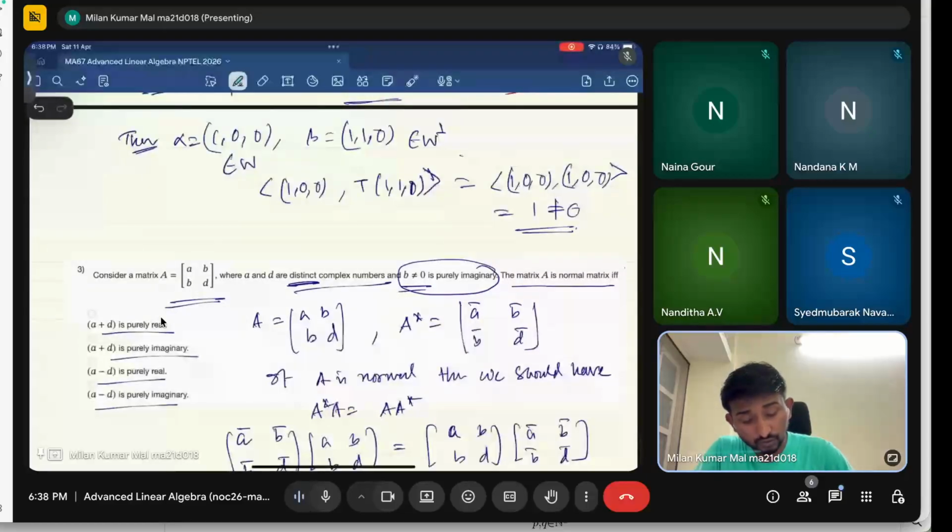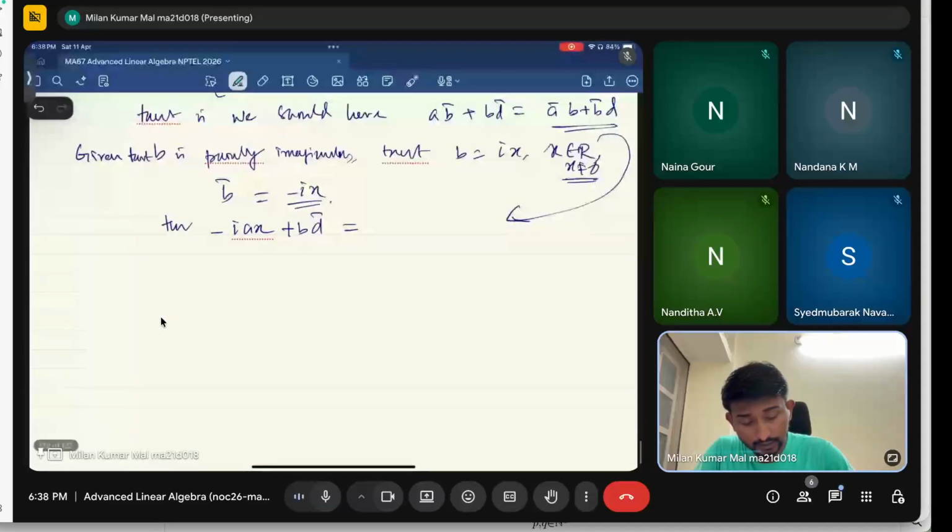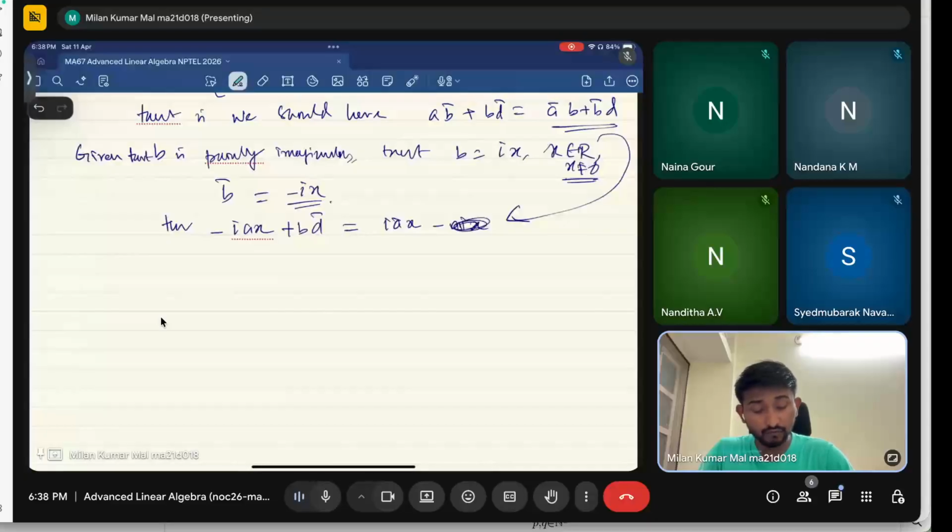B bar is equal to minus ix, and x is actually a real number.